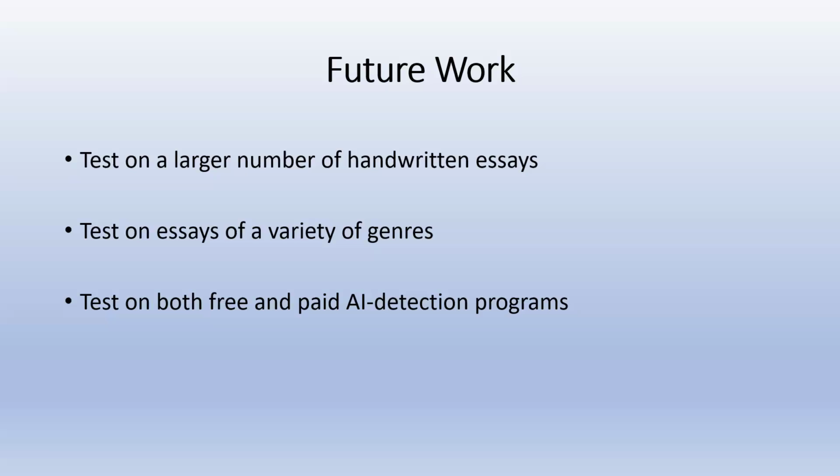And also, of course, we need to test on both the free and paid AI detection programs to really see which features themselves are the most likely to contribute to false detection of AI generation.